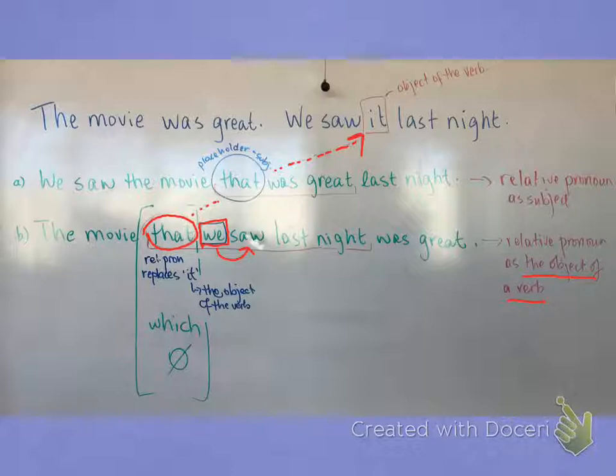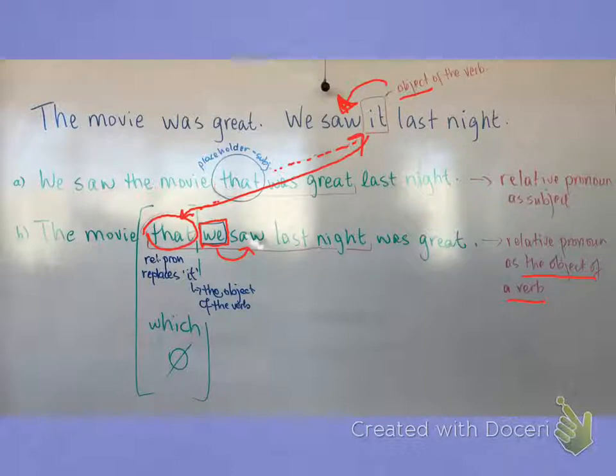So when we say the movie was great, we saw it last night, it is the object of this verb saw. And in this case, when we create a sentence that uses an adjective clause, this word it gets replaced by the relative pronoun that.